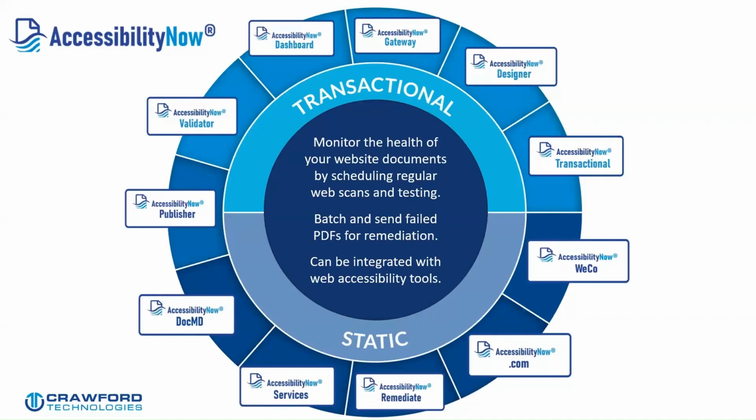And then you have the option within that platform to send those documents for remediation. That can either be to somebody internally, maybe the person who authored the document, maybe an internal accessibility team, or you can have this routed to a third-party organization that might be remediating PDFs on your behalf. So that's how you find and test those documents.